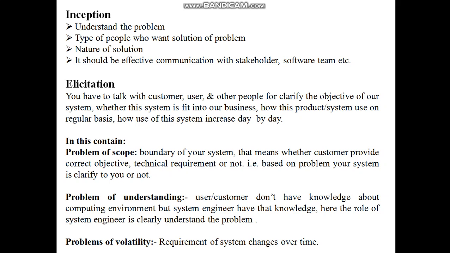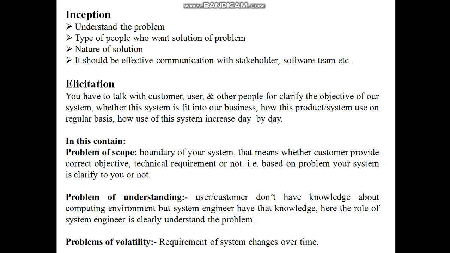That means the software team should communicate effectively with the user and stakeholder. So there is effective communication between the software team and stakeholder, user, etc.